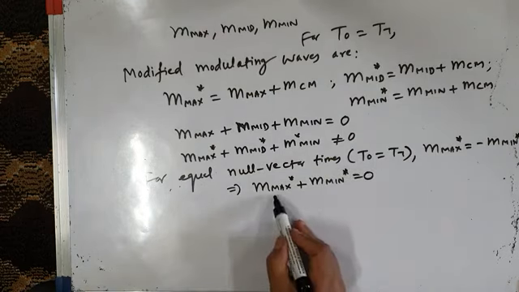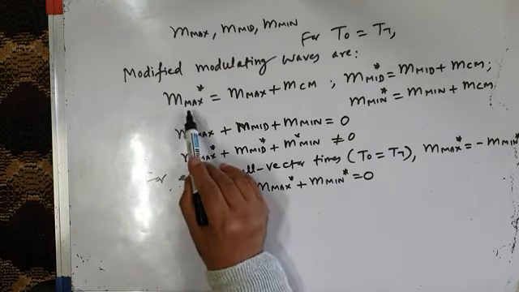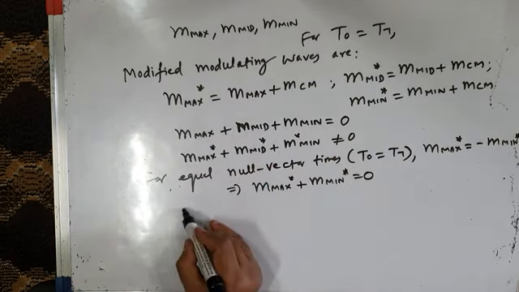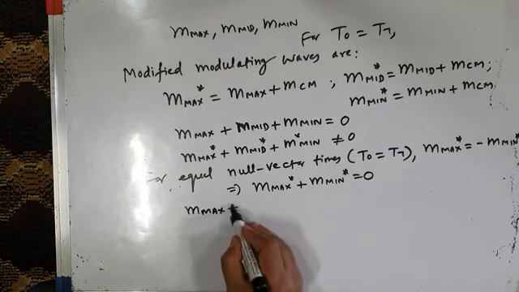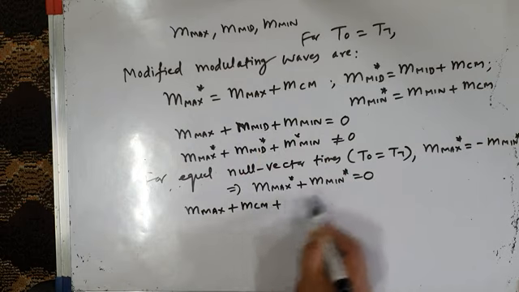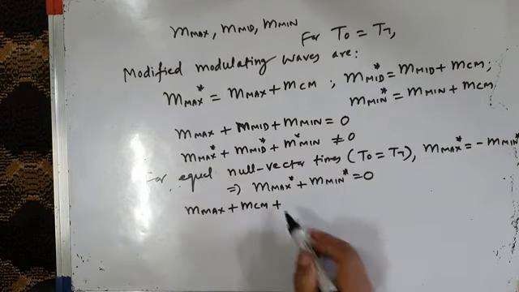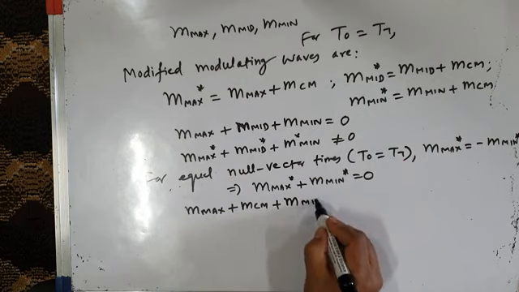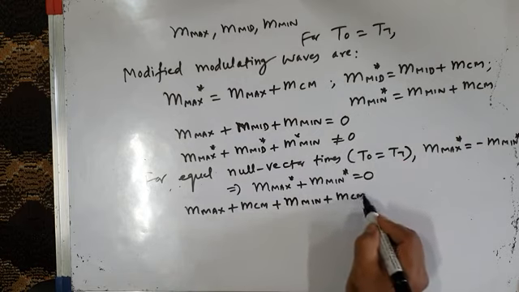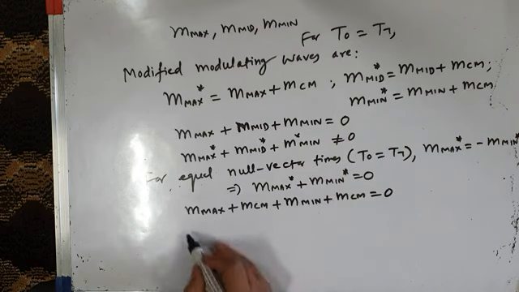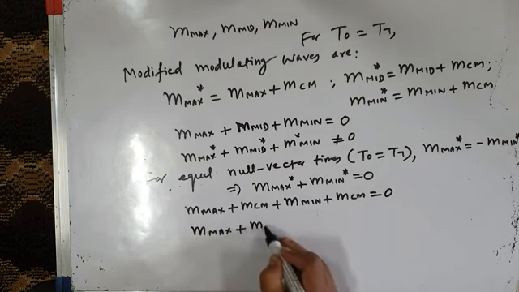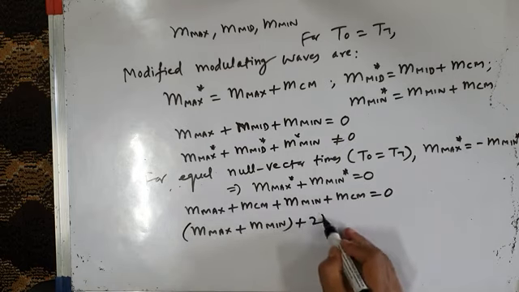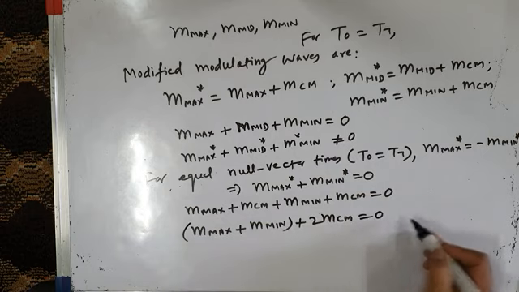Now what is our m max star? We already know that our m max star is m max plus MCM. So I will write m max star equal to m max plus MCM, plus m min star. M min star is m min plus MCM. So it is m min plus MCM is equal to 0. So that gives me m max plus m min plus 2 MCM equal to 0.